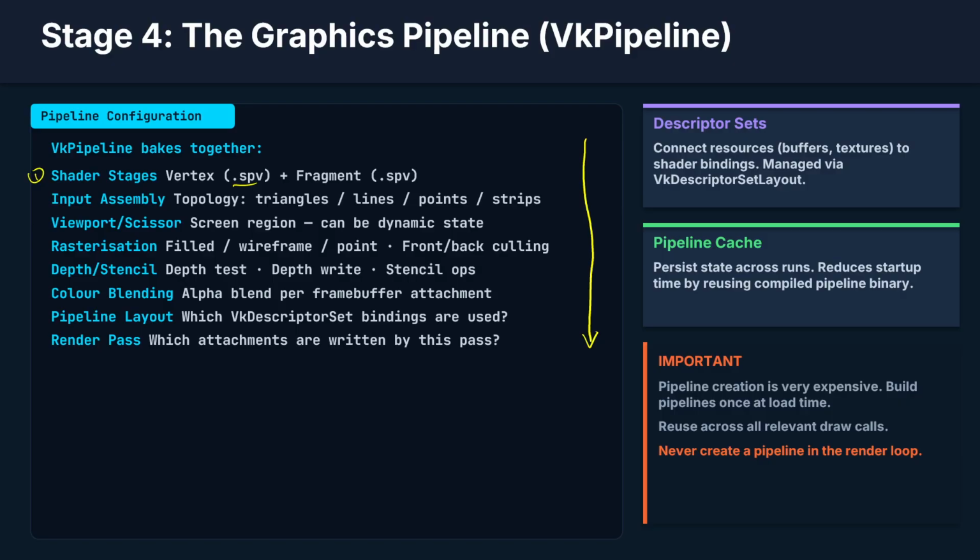The next step that we have is the input assembly. With input assembly, we want to tell the GPU how to treat the vertices that we send. For example, I send 3 vertices, v0, v1, v2, counterclockwise. How will the GPU look at these 3 vertices and assemble them?